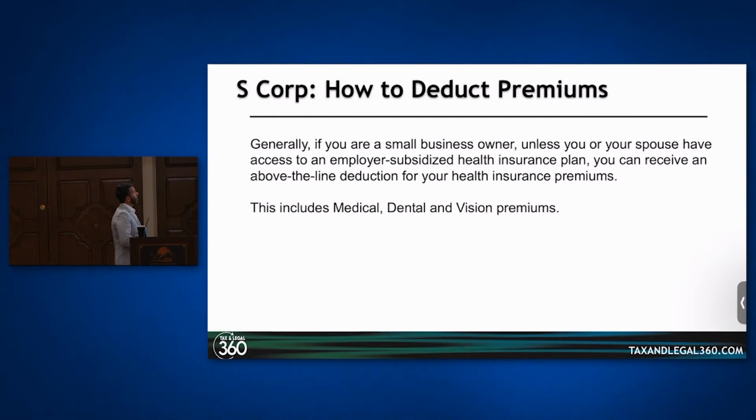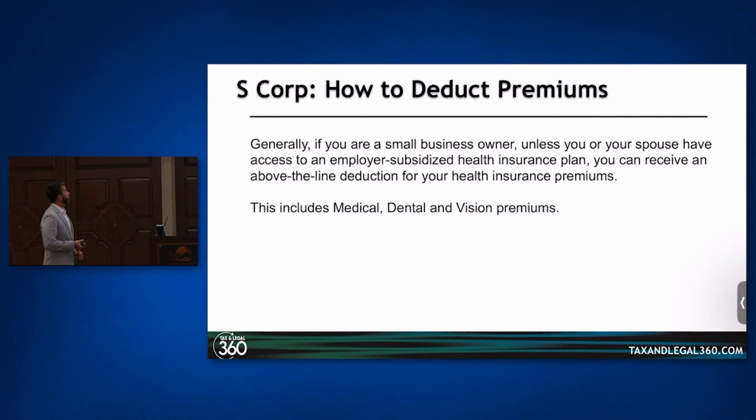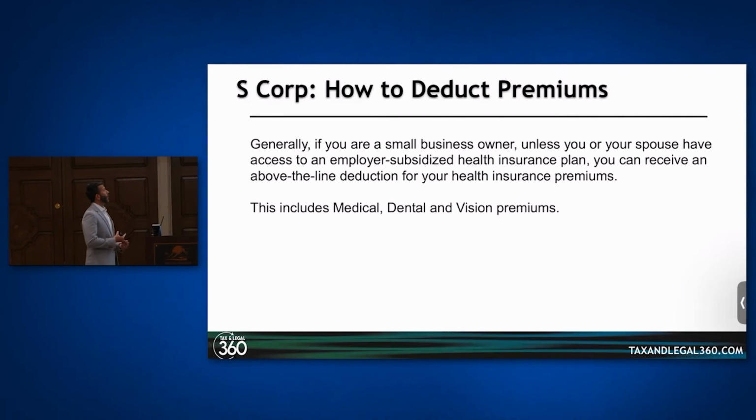Okay, let's talk about health insurance premiums. How are you going to deduct these? Generally, if you're a small business owner, unless you or your spouse have access to an employer-subsidized health insurance plan, you can receive an above-the-line deduction for your health insurance premiums. This includes medical, dental, and vision premiums.